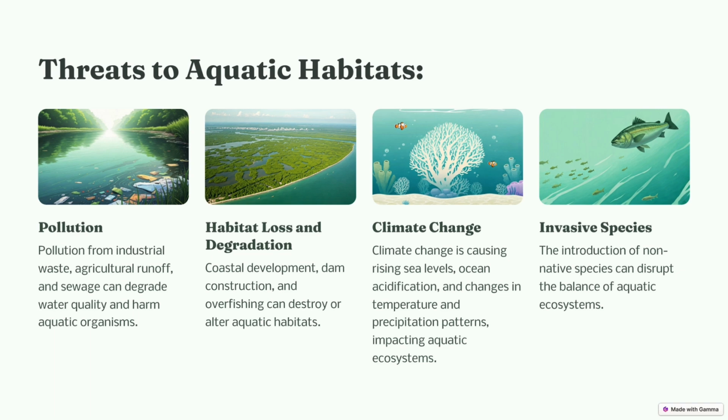So, yung climate change nagkukos siya ng pagtaas ng seawater levels natin at ocean acidification, nagiging acidic yung ating ocean. At the same time, nagbabago yung temperatura ng ating mga katubigan at nag-iiba yung precipitation patterns na nakakaapekto sa mga nabubuhay sa aquatic ecosystems, be it plants or animals.